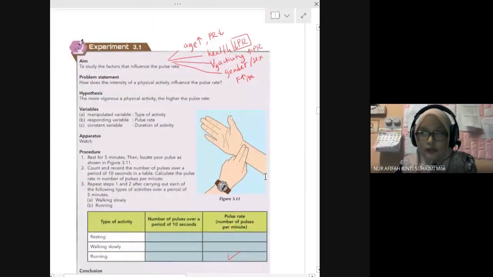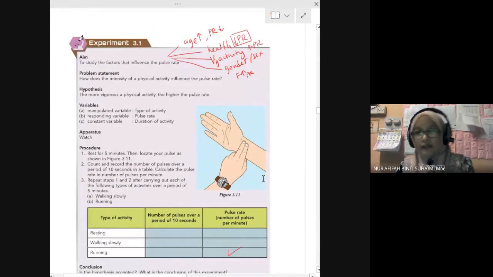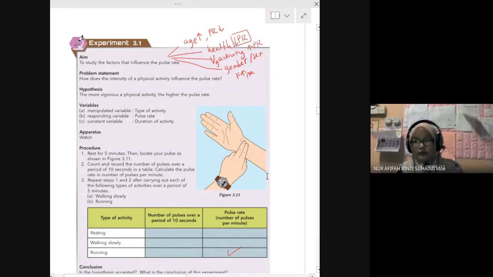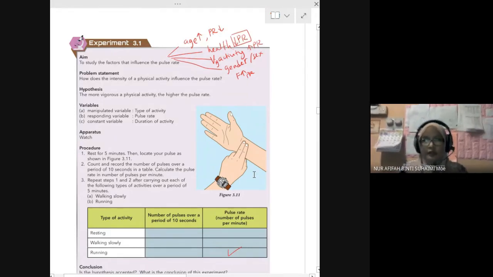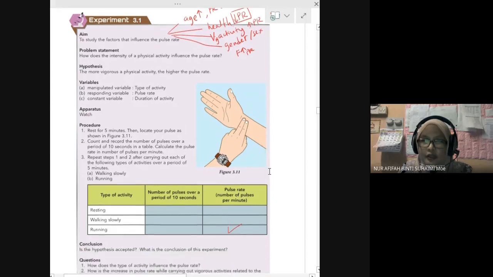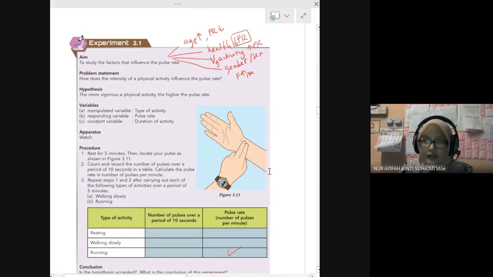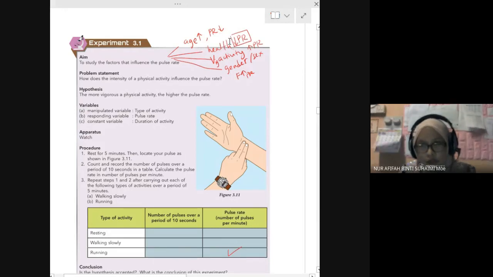Next, the factors that affect the pulse rate. This one should be the activity or experiment. Experiment 3.1 in chapter 3, the first experiment in chapter 3, to determine the factors that affect the pulse rate. Does age affect the pulse rate, or your health? If you are sick, does it affect your pulse rate? Does pulse rate increase or decrease?